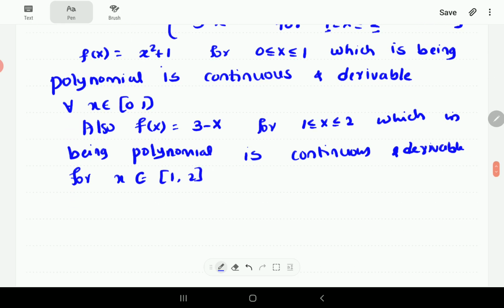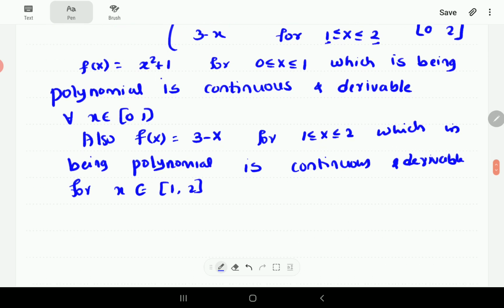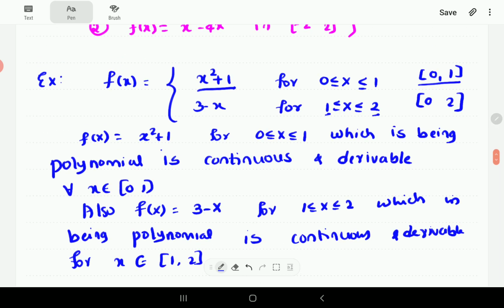Okay, so because both are polynomials, this is a polynomial of order 2, this is a polynomial of order 1. So now what happened, the domain of definition is partitioned. If you see, the domain of definition is partitioned at x equal to 1.